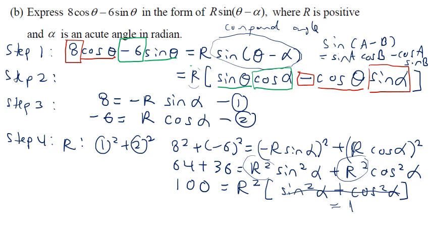Okay, so if it is 1 here, so we can focus on finding out r. So r squared equals to 100. So r we got plus minus 10, right? Okay, but remember the value of r must be positive, that is greater than 0. So therefore r equals to positive 10 only.